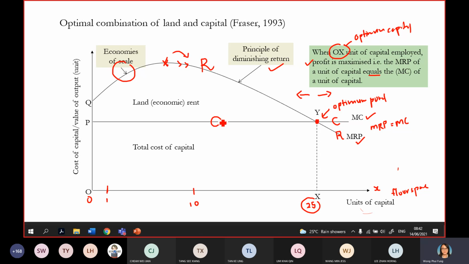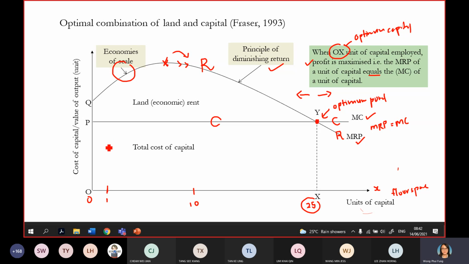Before Y, your revenue is more than your cost, so it is still feasible to build because the developer is still getting revenue, slowly diminishing at this point. After point Y, your cost is more than your revenue. So that is why we say Y is the optimum point, OX is the optimum unit of capital. After Y, cost is more than revenue, so they have to stop building.